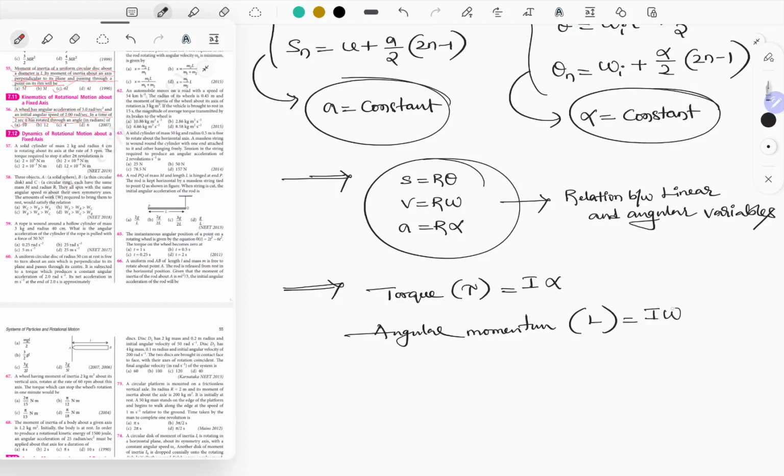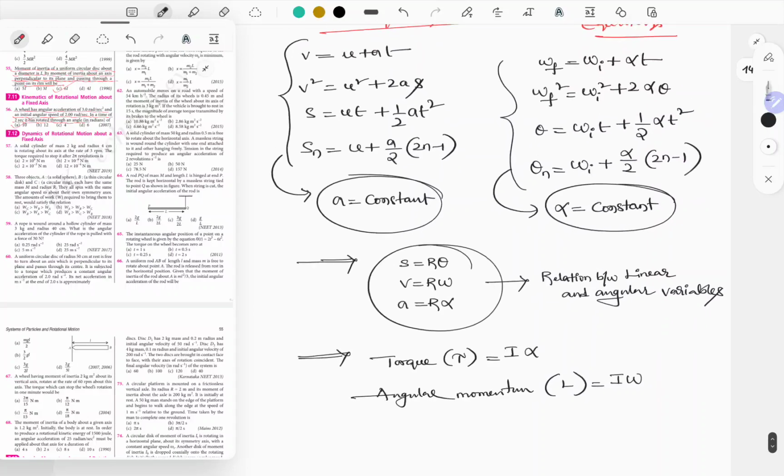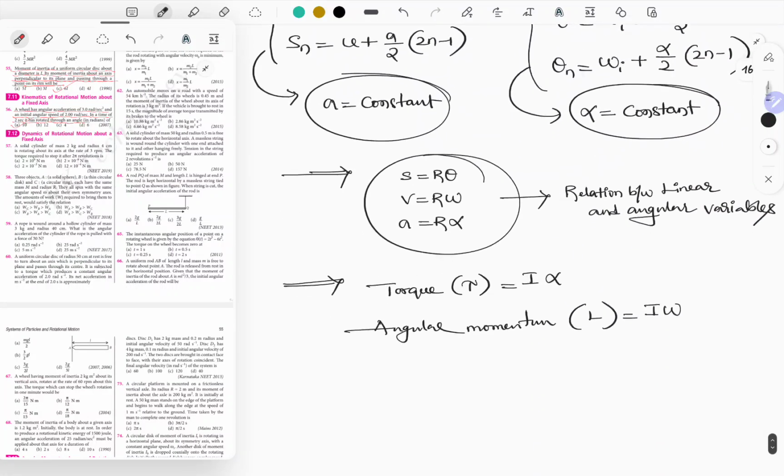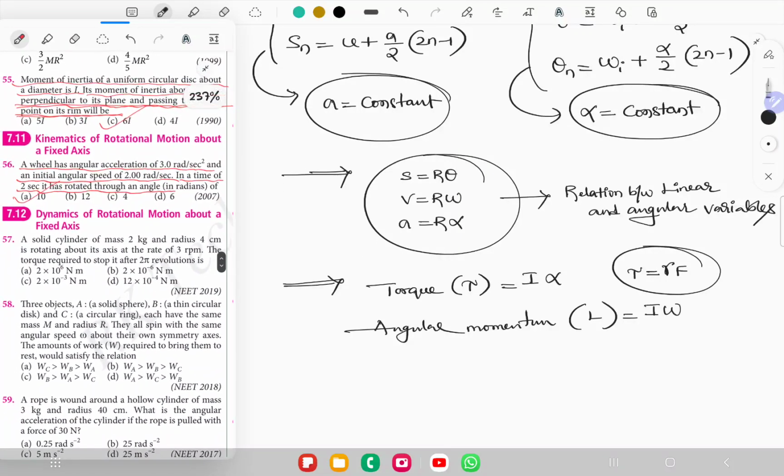This is applicable for rigid bodies. These formulas will really help you while we are solving numericals. And one more formula for torque in terms of linear force is F into r or r into F. So we can use that formula also while solving numericals. Just make note of these formulas. Okay, super.